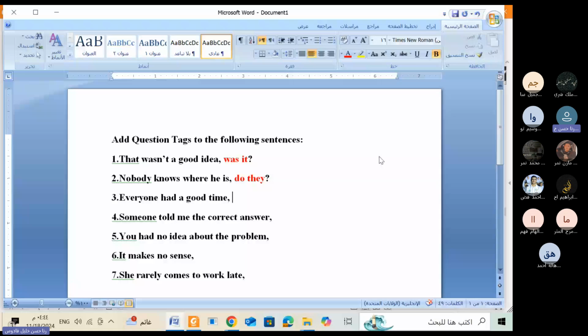Excellent. It is didn't they. Pay attention again. It is a main verb, not a helping verb. How do I know? If you have a past participle, it's a helping verb. If not, it's a main verb.